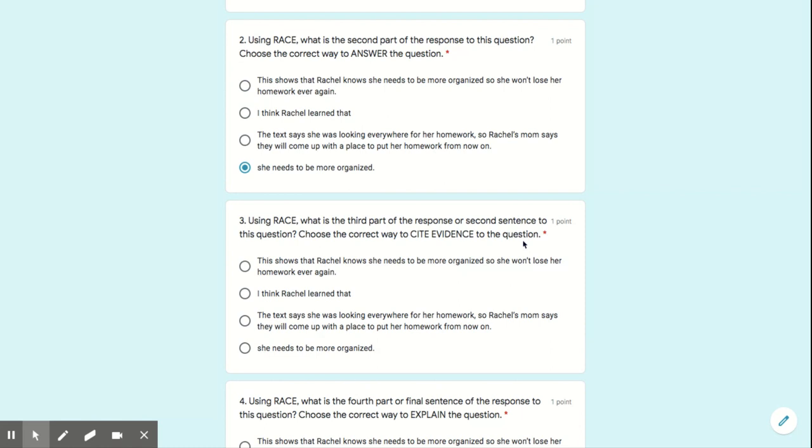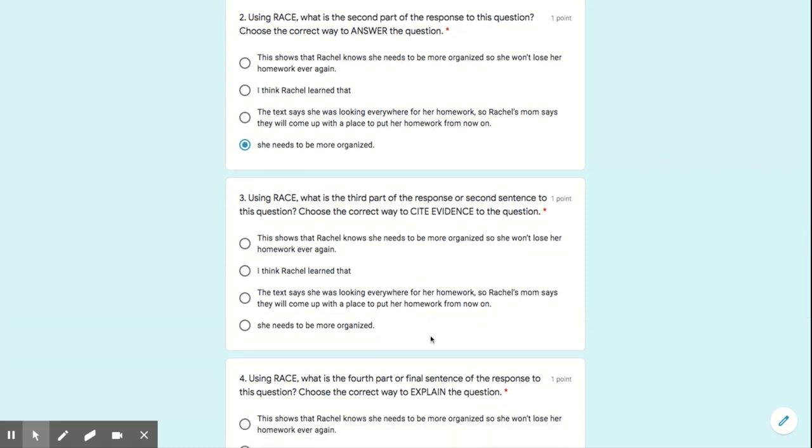In the text it says. So let's look at our options and see which one gives an example from the text that Rachel learned she needs to be more organized. So we're left with the first one and the third one. Well, when I look at the third one, it says, the text says. So that's probably going to be my answer, but I'm going to double check by reading the whole thing.